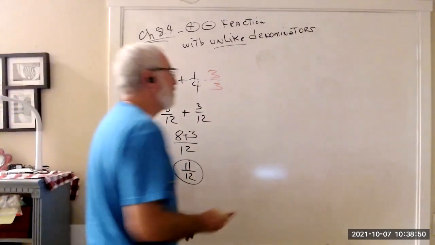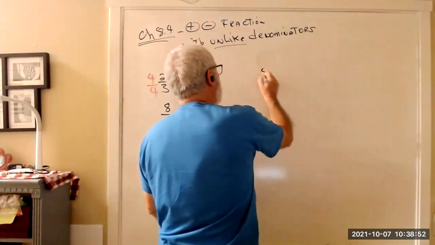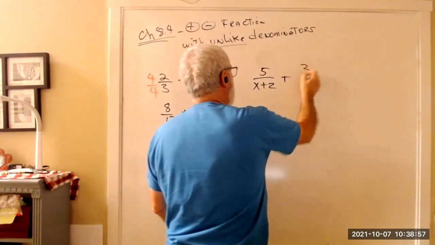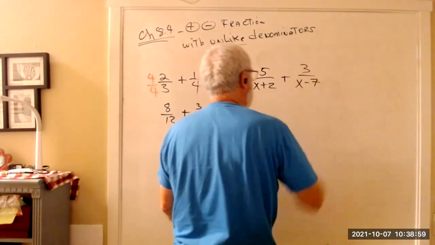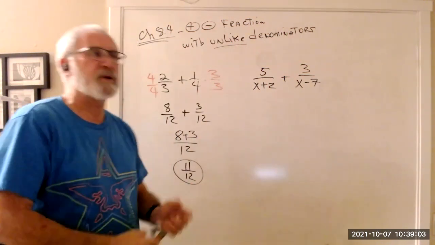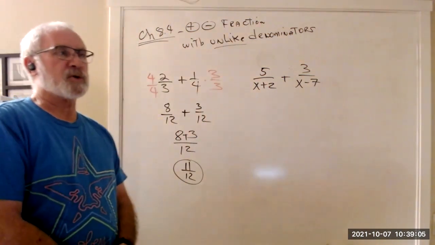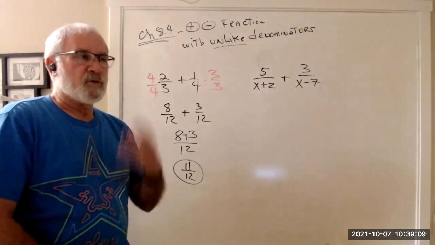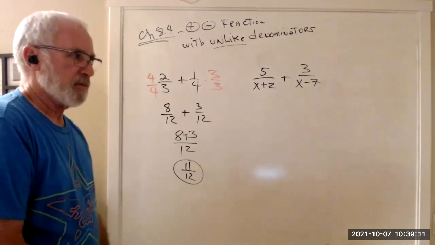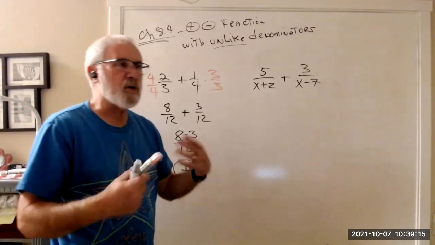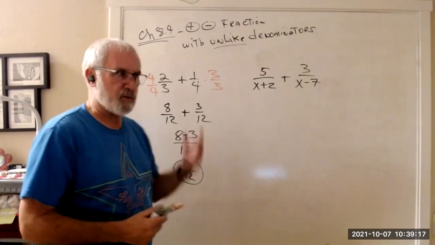So what happens if you have 5 over x plus 2 plus 3 over x minus 7? What happens if the two denominators are not the same? They have to be the same. So you can use the same reasoning that we used here.